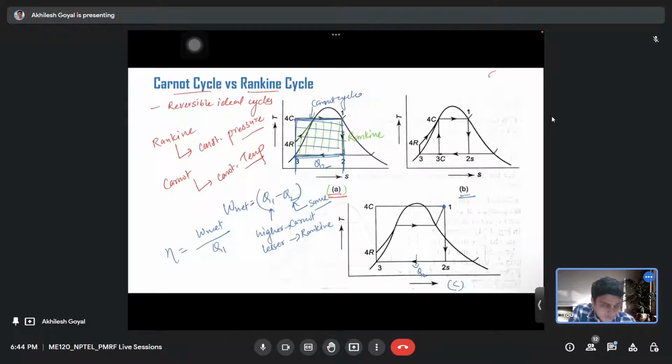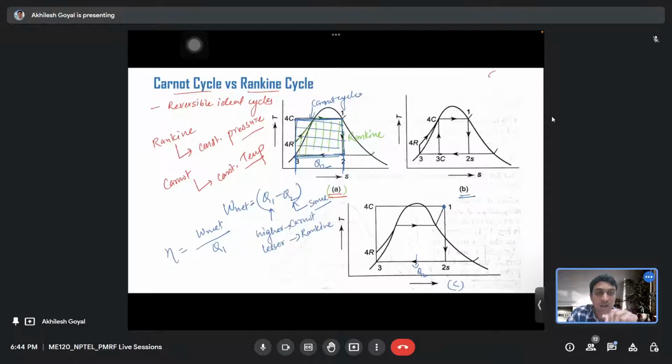So it can be said that the efficiency of Carnot cycle will be higher compared to Rankine cycle in all the three cases. The first one is when the steam is saturated at turbine input.